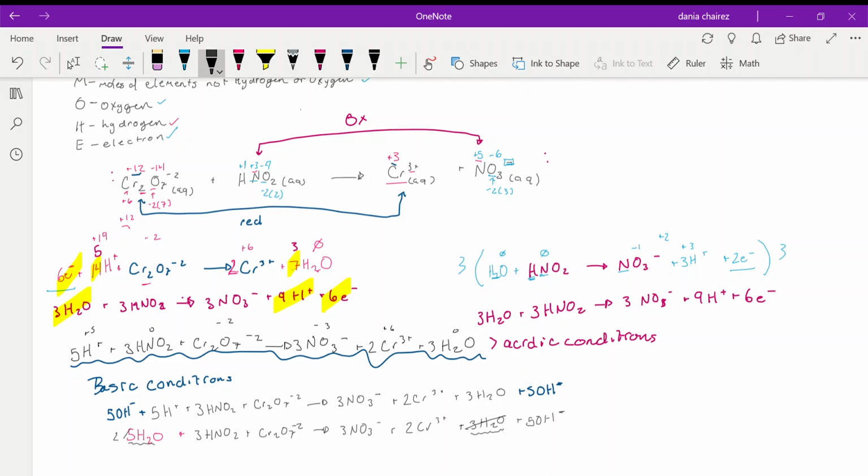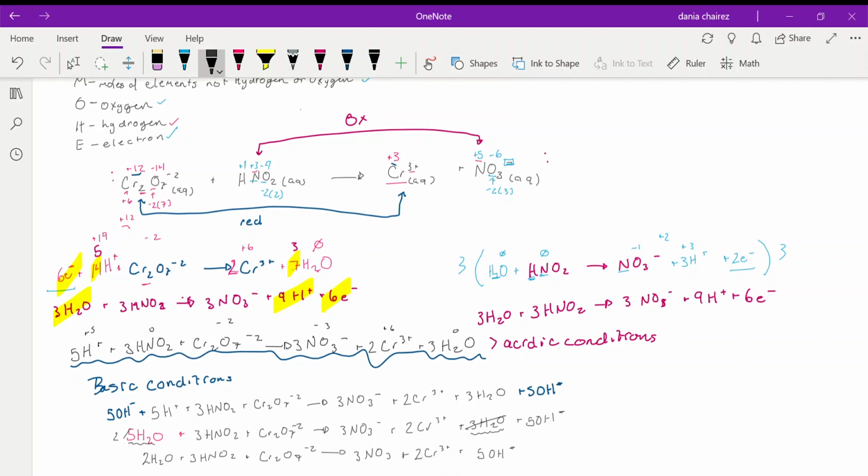So our final equation in basic conditions is 2 H2O plus 3 HNO2 plus Cr2O7 2- yields 3 NO3- plus 2 Cr3+ plus 5 OH-.